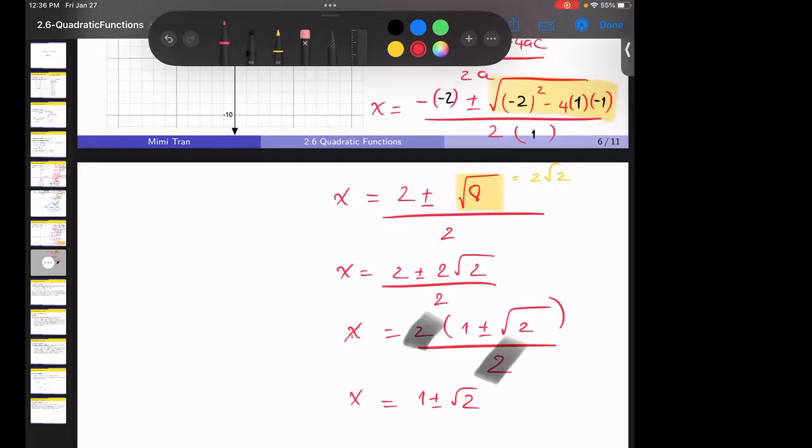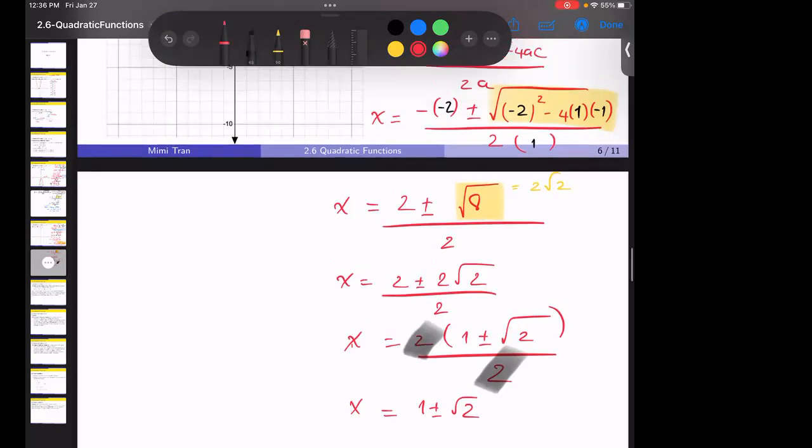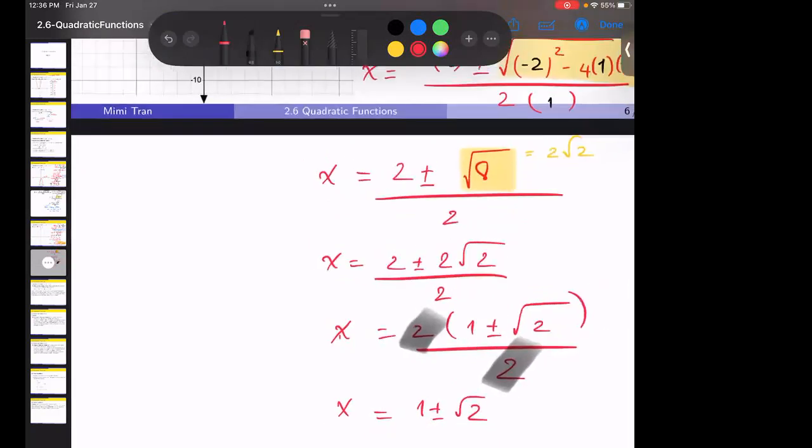Where'd you get the 1 from? I factor out the 2 on the top. If you FOIL it back, 2 times 1 gives you back 2. Does it make sense?